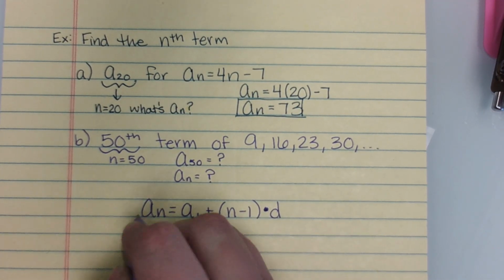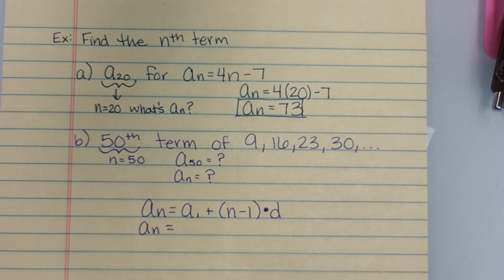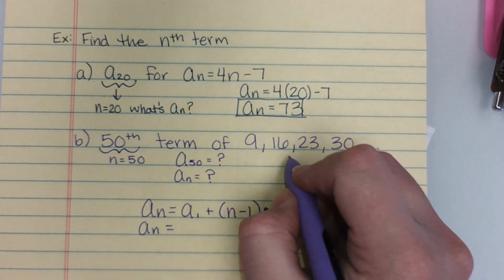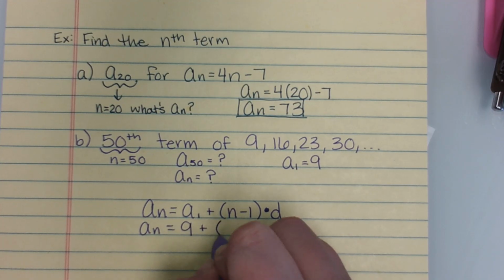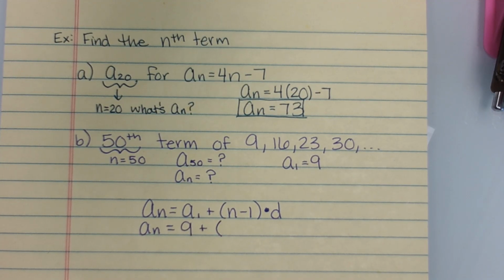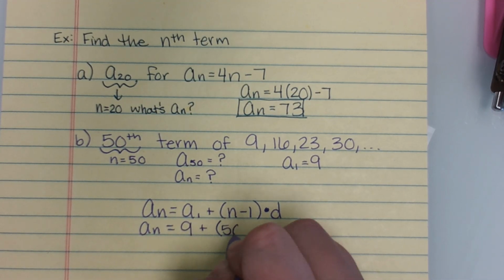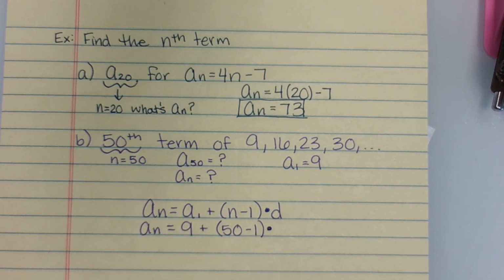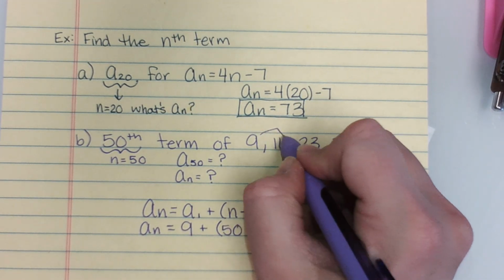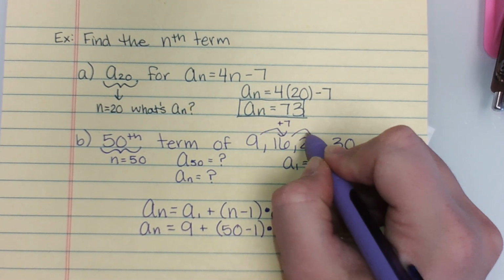I have this equation. A sub n is the question mark. That's the thing that's going to stay a variable. Do I know what a sub 1 is? Yes, what's a sub 1? 9. We already established we know what n is, 50. Do we know what d is? 7. From term to term, it increases by 7.